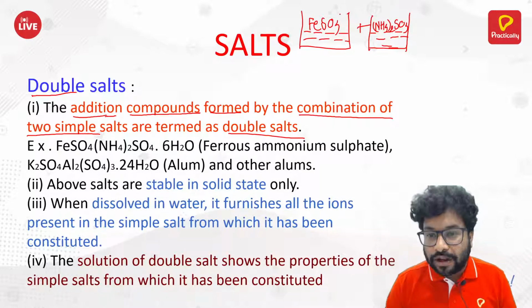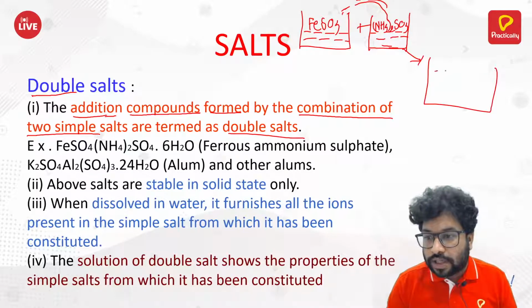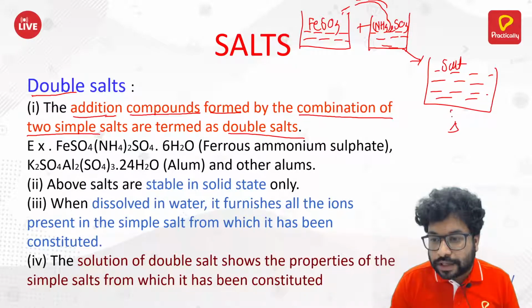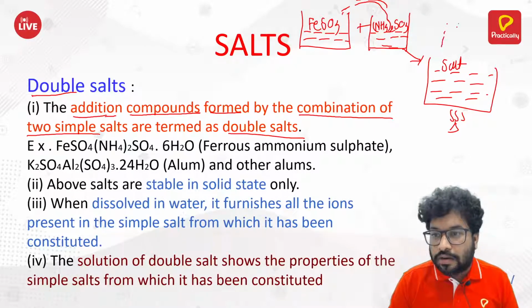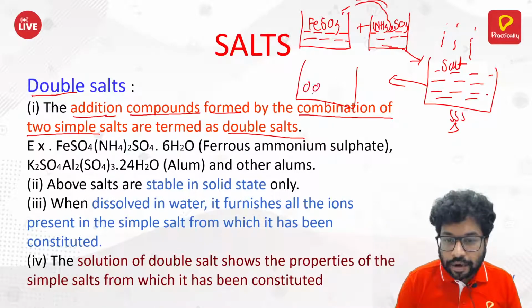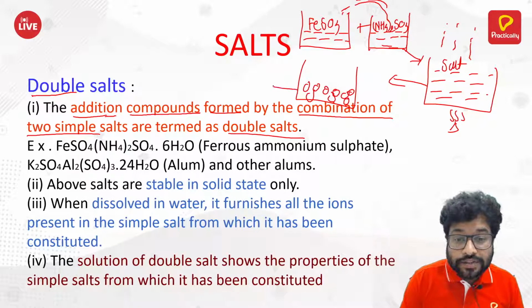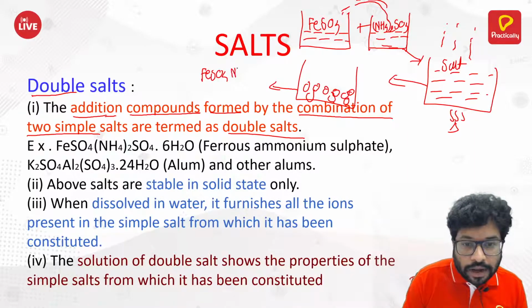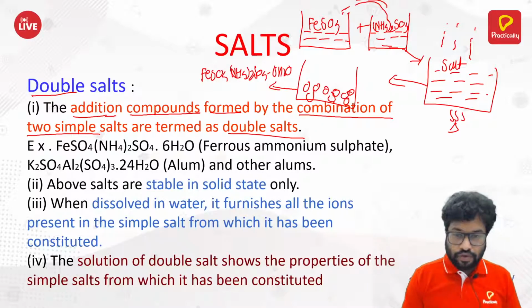You mix them together, then you get another salt. Then you heat it for some time, and all the water will get evaporated, and whatever you get at the bottom, the residue, that is your FeSO4.(NH4)2SO4.6H2O.